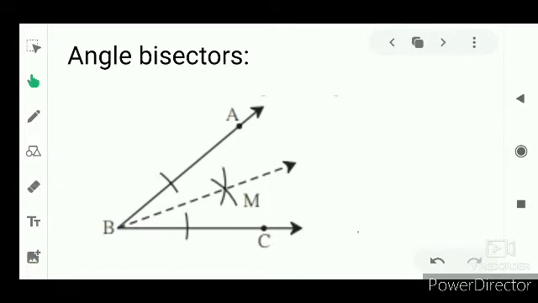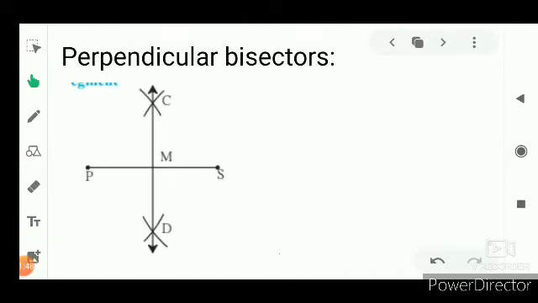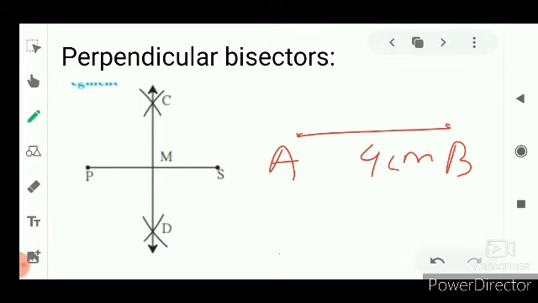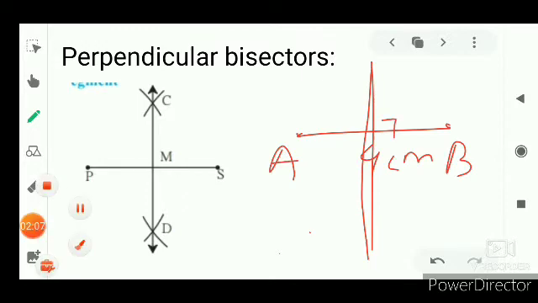Now let's see how to draw the perpendicular bisector. Suppose this is a line segment AB of 4 centimeter given to you, and you have to draw the perpendicular bisector of this segment AB. The perpendicular bisector is simply a line which divides the given segment into two equal parts and is perpendicular to it.